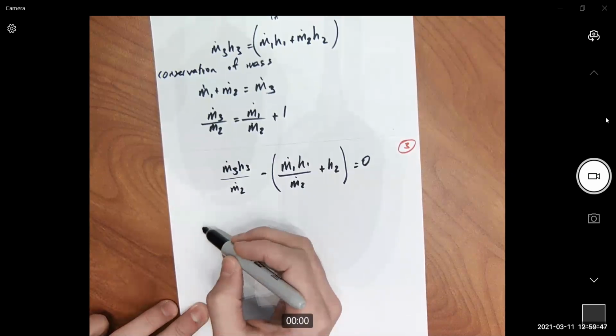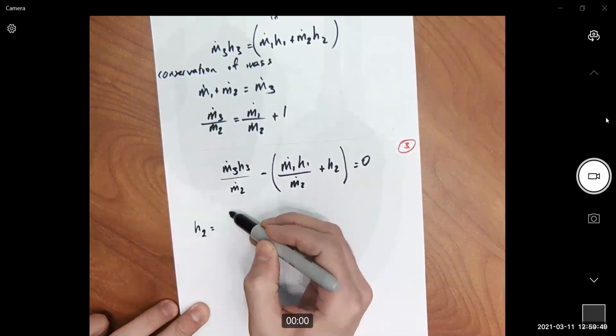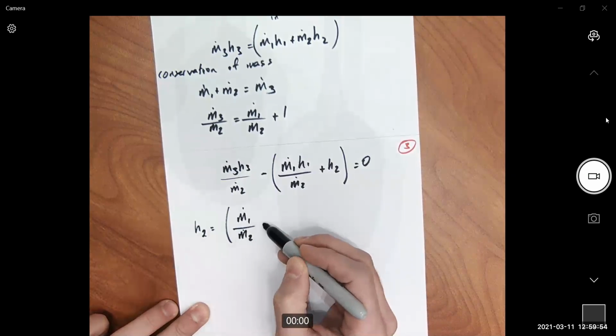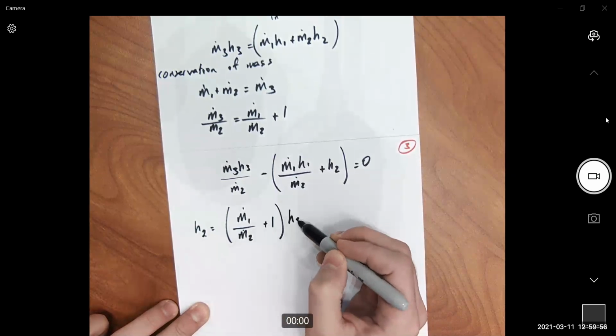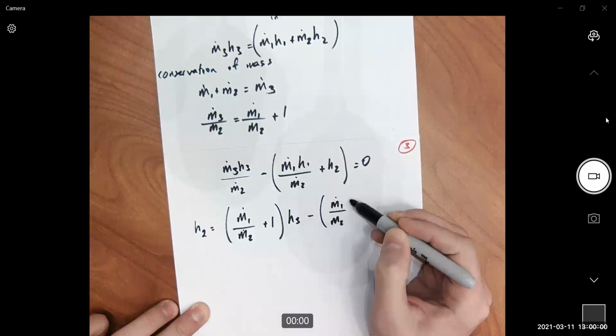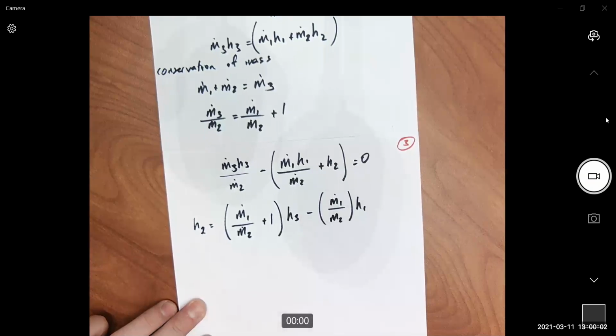H2 here will be M1 over M2 plus 1 times H3 minus M1 over M2 times H1. Okay.